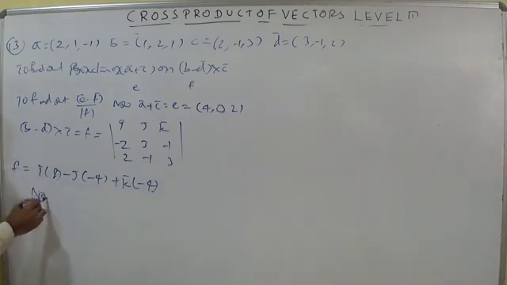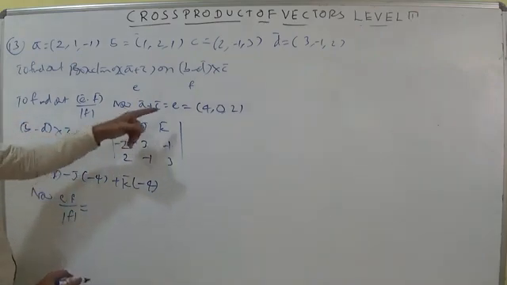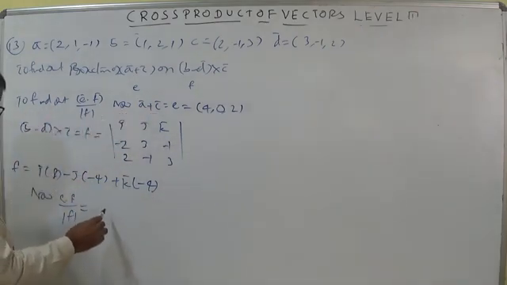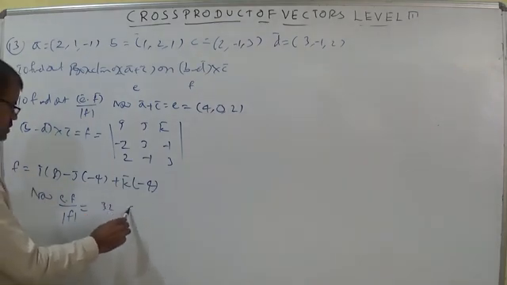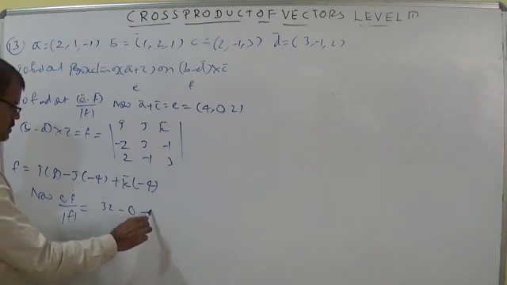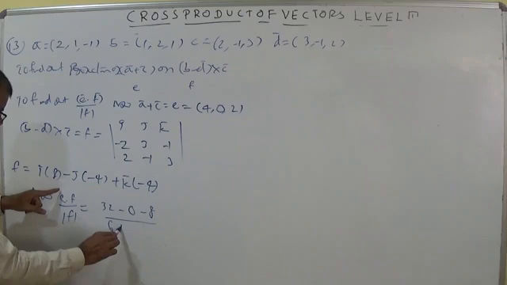Now E bar dot F bar by modulus of F bar, the projection. E bar dot F bar is 4 into 8, 32, minus 0, minus 8. So 32 minus 8 by the modulus, 64 and so on.